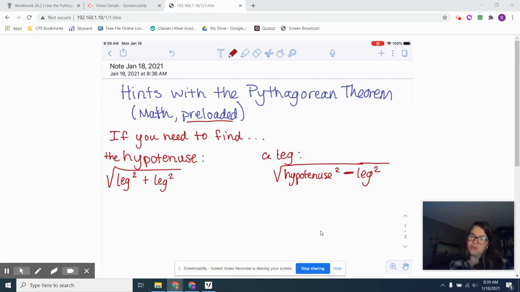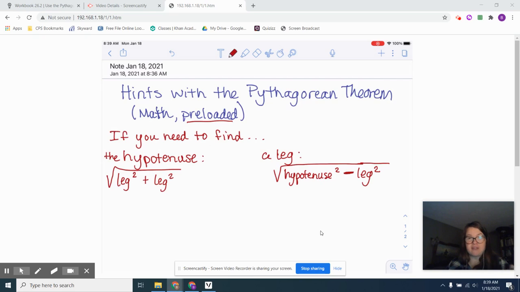So there's reasons why we do all this stuff. But if you want to find the hypotenuse and you know the two legs, so remember the ones that are attached to the right angle are the legs, then you just find the square root of the sum of their squares. So you do the square root of leg squared plus leg squared.